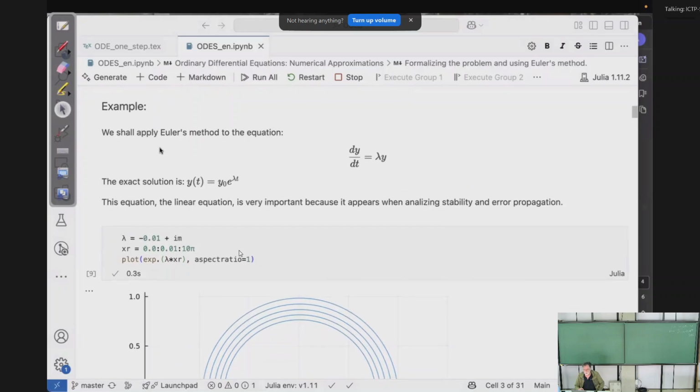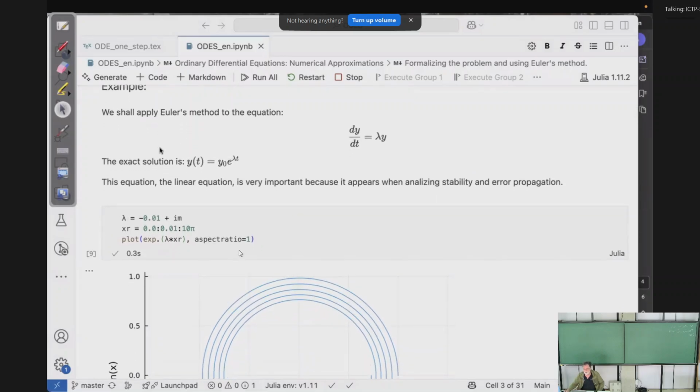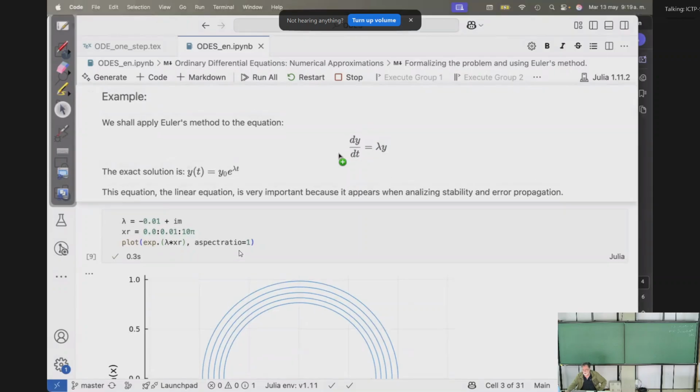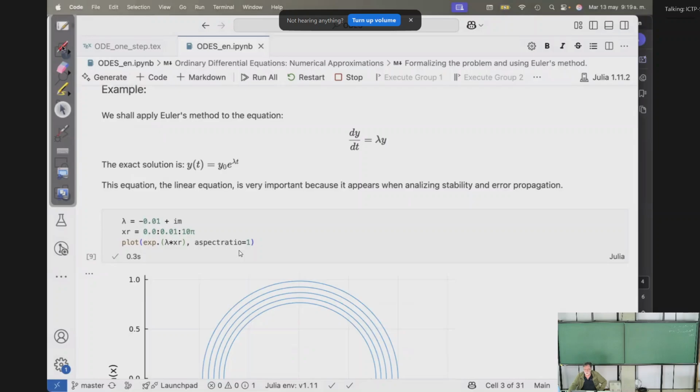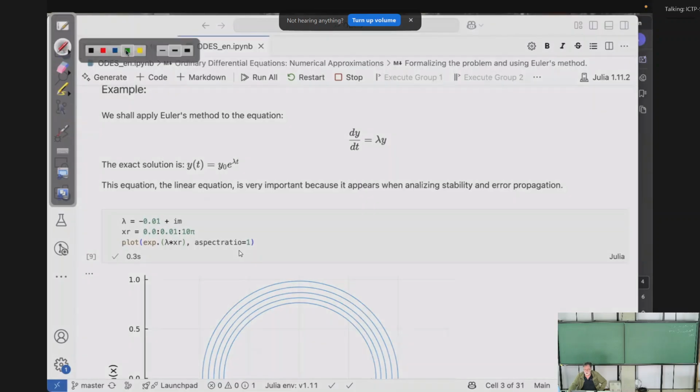So here we have some examples. Say you take Euler's method for the linear equation. This equation is very important to know, because when we are dealing with problems, for instance, near a stationary point, we want to know the solution here. We saw yesterday that what we have to do is to study the linearized problem.